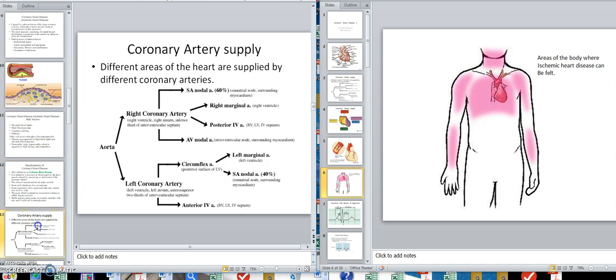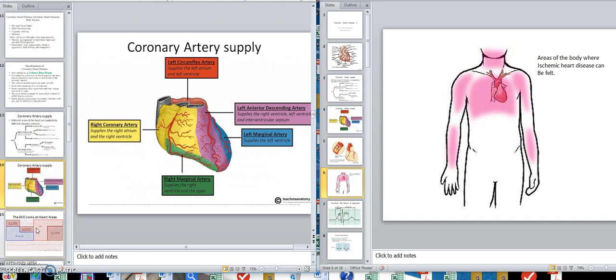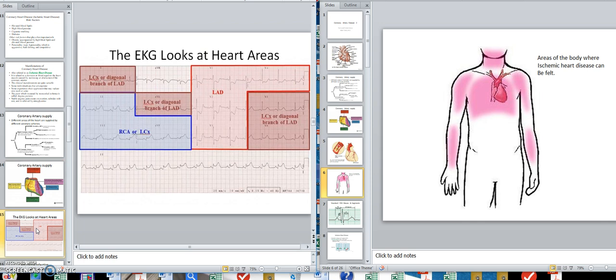See, again, here's that coronary artery supply that I was speaking of. Okay? Again, that picture there. Now, even when we do the EKG itself, which is the 12-lead EKG, it looks at different areas of the heart.